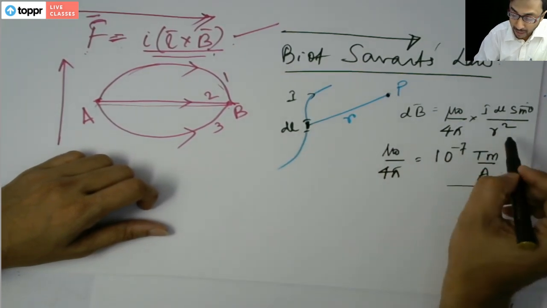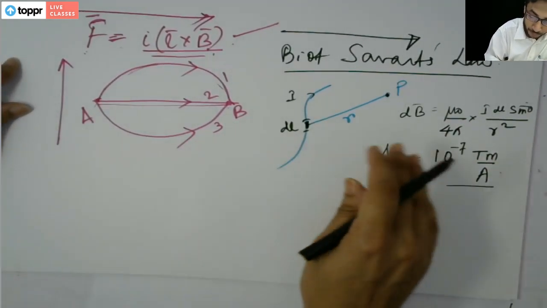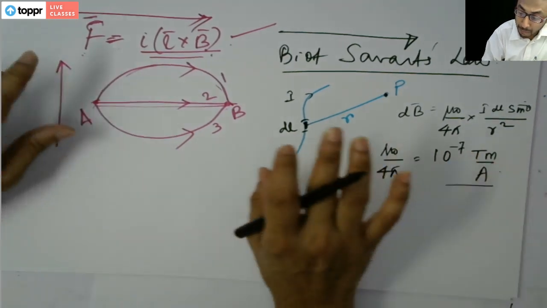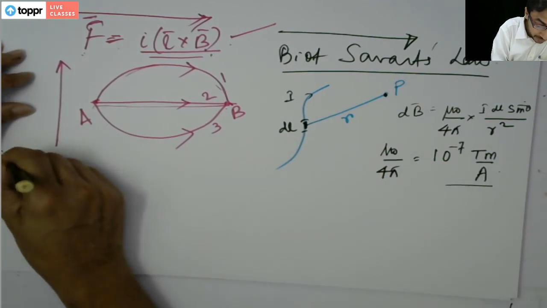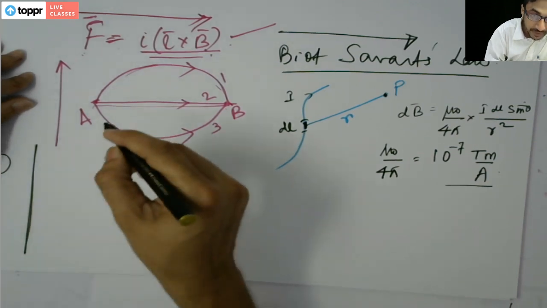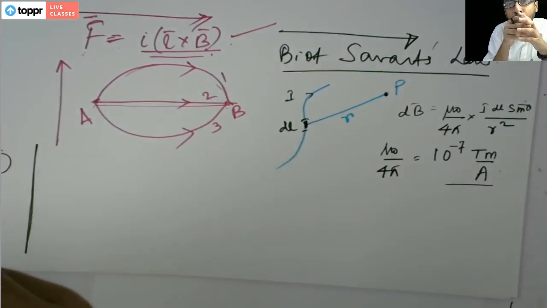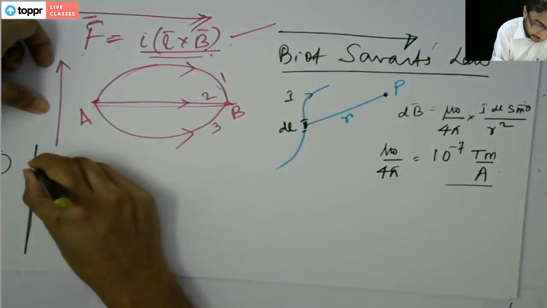Now, using the Biot-Savart's law, we can get formulas for many uniformly distributed currents. First one: the magnetic field around a straight current carrying conductor.